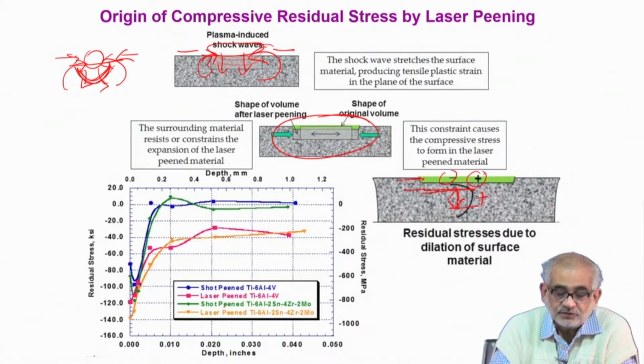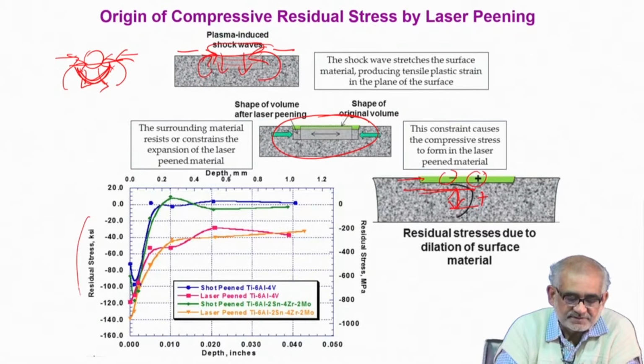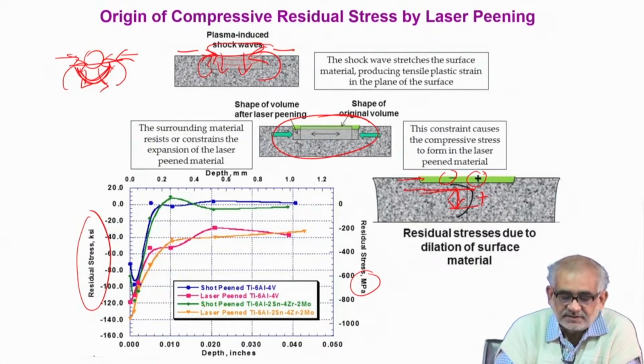Now, if you compare the different methods of peening for the same material, and compare the magnitude of the residual stress created in terms of KSI or megapascal, then if the peening method is shot peening, this is where we are.